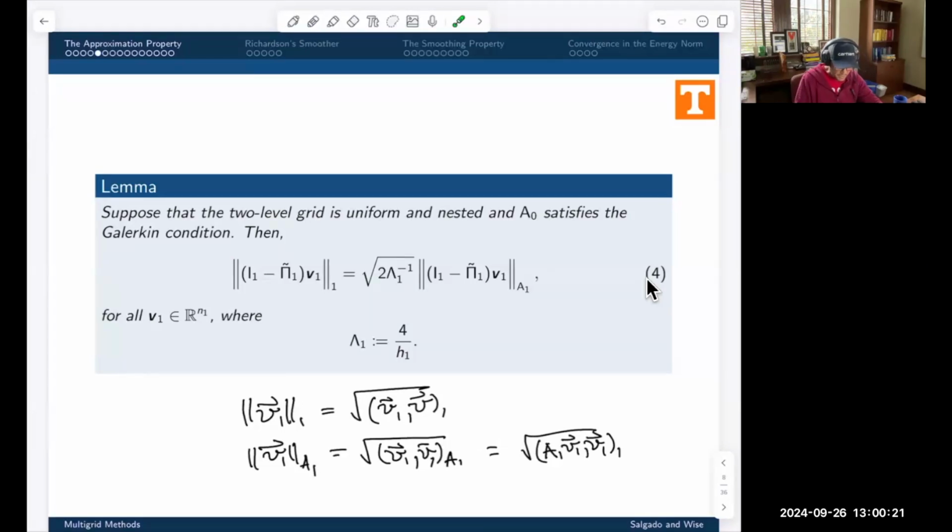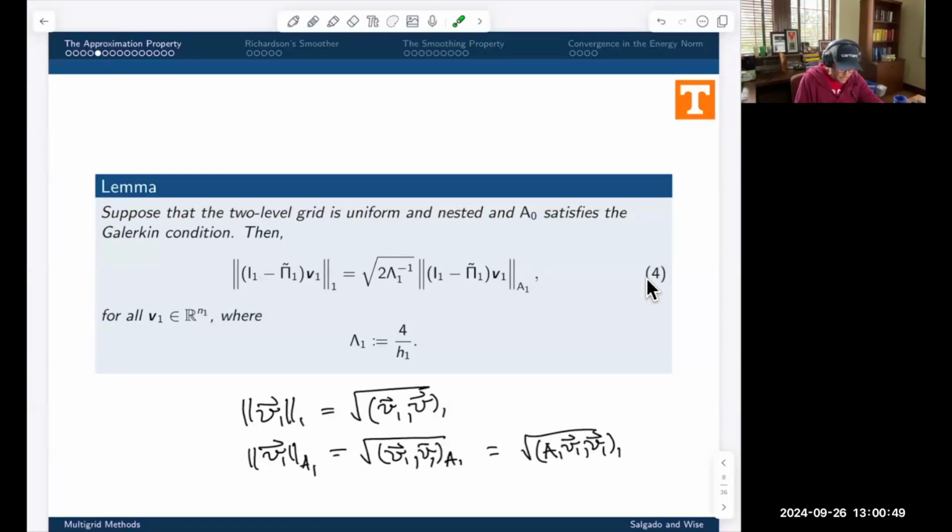So what we're saying is that whenever I measure the error in this energy norm, versus the Euclidean norm, the difference between those is a simple constant factor, and it involves some very familiar things. It involves the square root of 2, and then 2 is divided by this thing we're calling capital lambda 1.